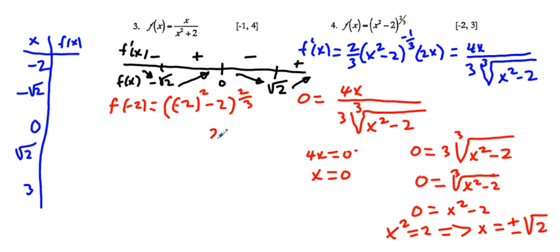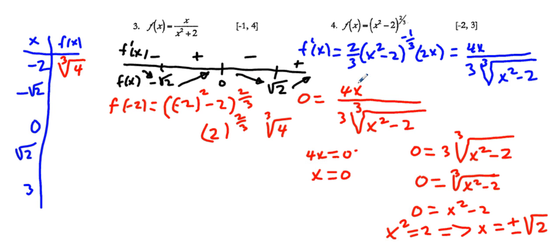So we're going to have 2 to the 2/3 power. Well, 2 squared is 4. So we're going to have the cube root of 4. So cube root of 4 is going to be that first candidate for minimum maximum.